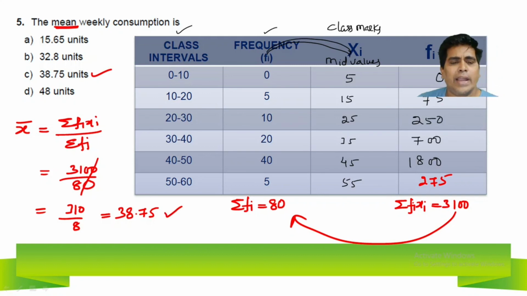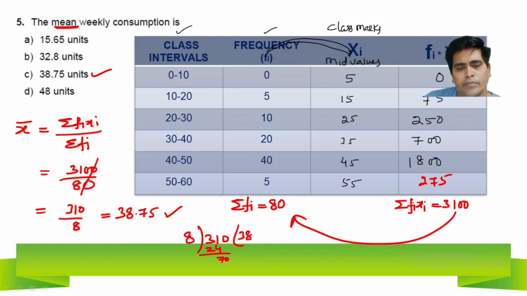So 310 by 8 you can simplify like this. Divide with 8. So 8 3s are 24. What is left out? It is 70. It goes by 8, 64. What is left out? 6. So 8 and 6 it doesn't go.